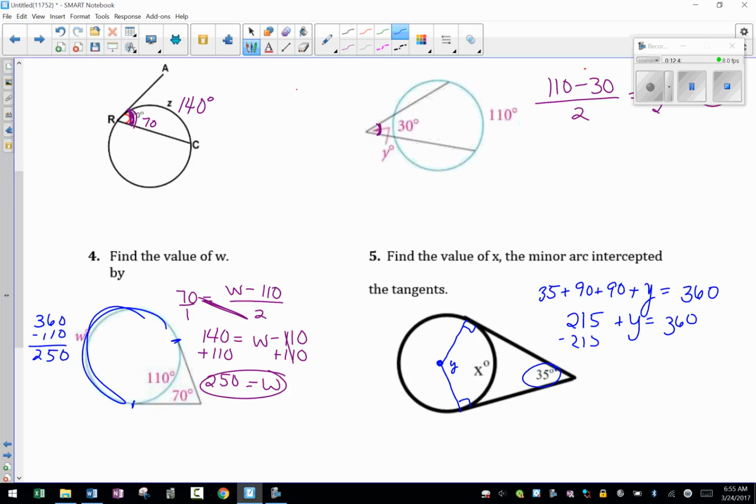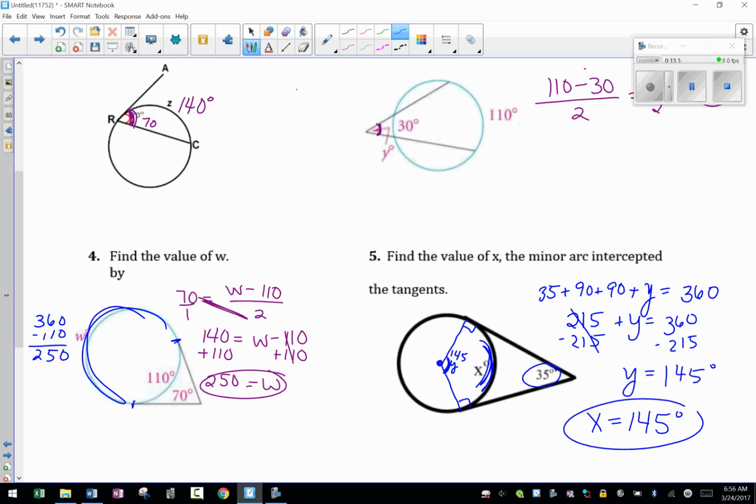If I subtract 215, I'm going to get y equals 145. So if this central angle is 145, then this arc is equal to that angle. So x is 145 as well.